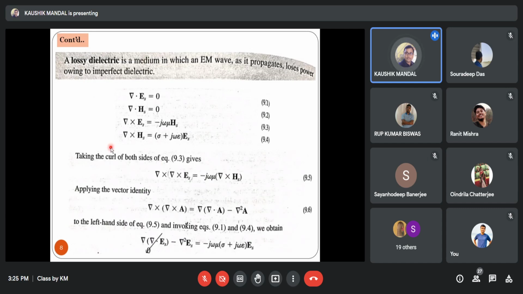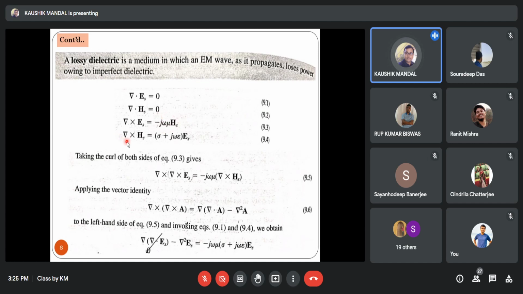Now to derive the wave equations in this particular lossy dielectric, you have to start with these equations. You see this curl of ES equal to minus del B del T. Now this time derivative del T is replaced by j omega, so it's basically minus j omega BS. Now the relation between B and H is B equal to mu H, so it becomes minus j omega mu into HS.